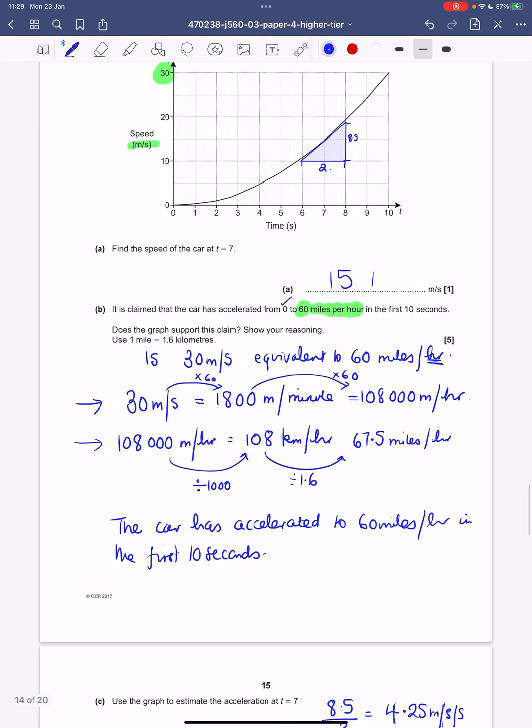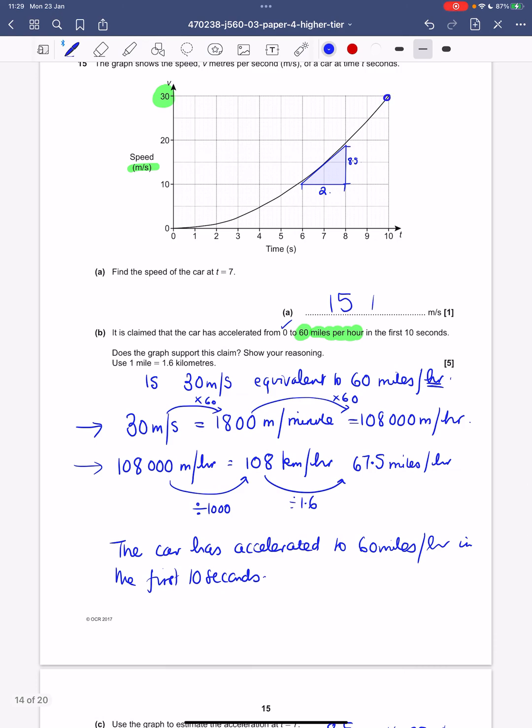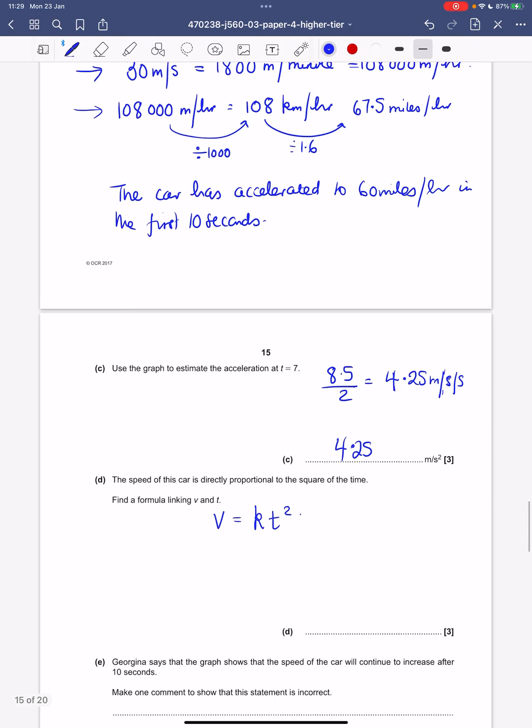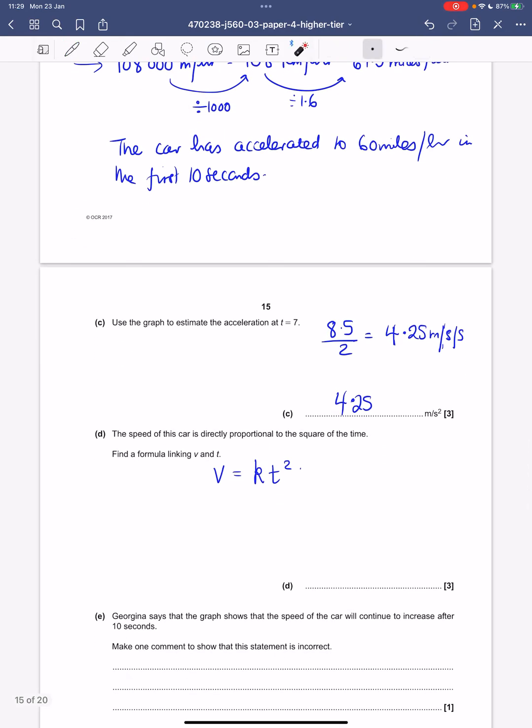Now this is the one I'm going to use. When t is 10, v is 30. And that's going to help me work out the k. So directly proportional means it's a multiple of the square of the time. So it's the time squared.